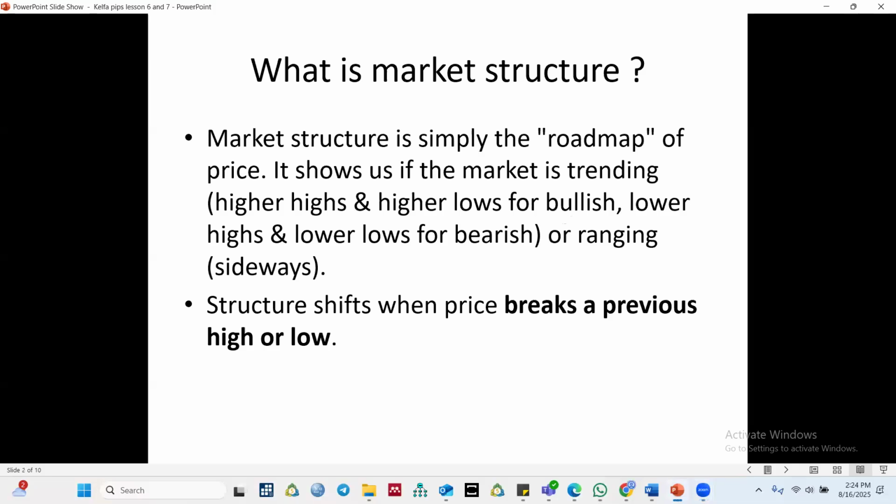So from our last classes, we were able to define market structure, but I want to go through it again quickly, and then we will go to the chart and do a practical illustration of what all these concepts mean. Market structure is simply the roadmap of price.